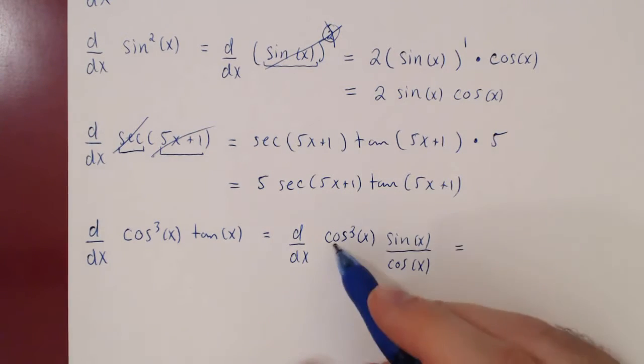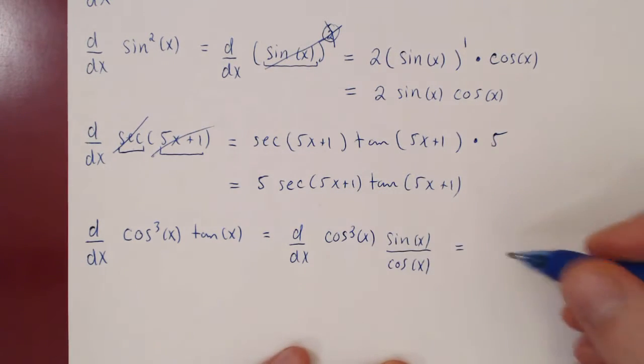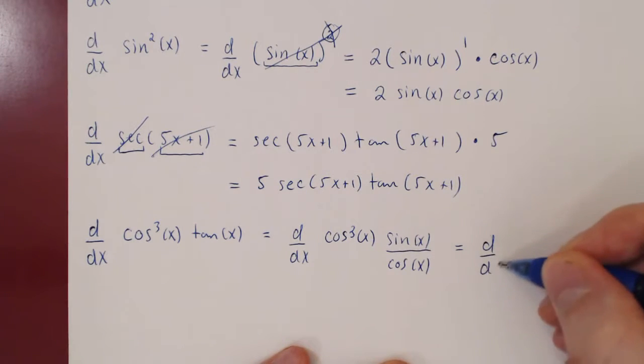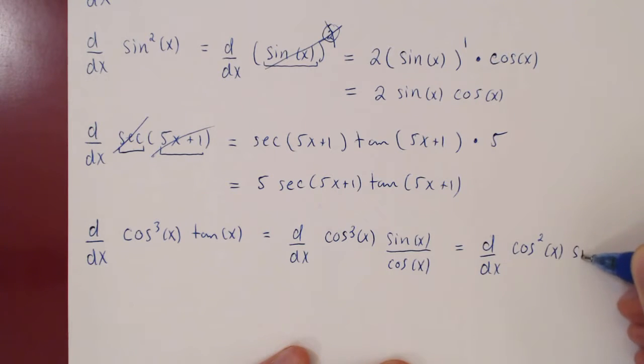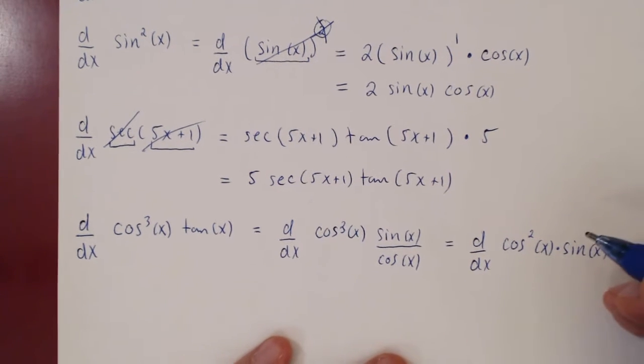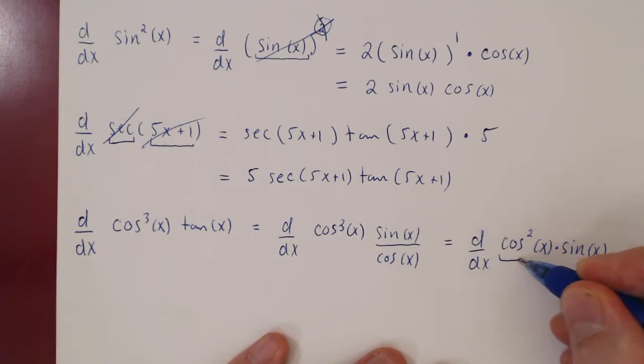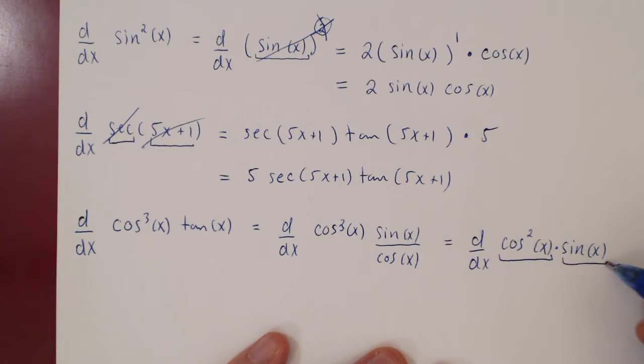And now, cos cubed over cos gives you cos squared. So that would give you the derivative of cosine squared times sine of x. We have a product, cos squared times sine of x, so we must use the product rule. The first function is cosine squared of x. The second is sine of x.